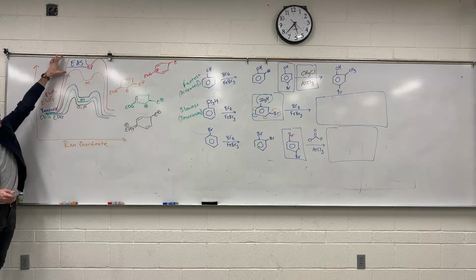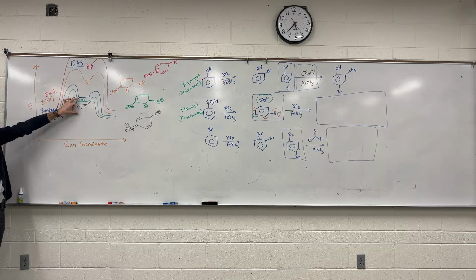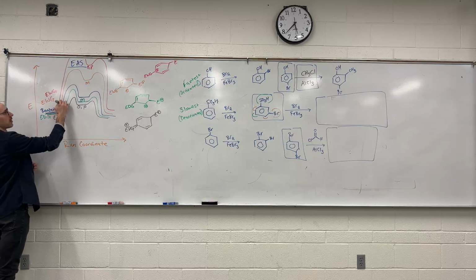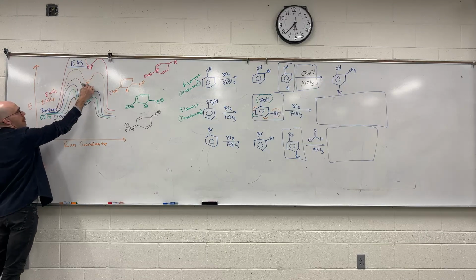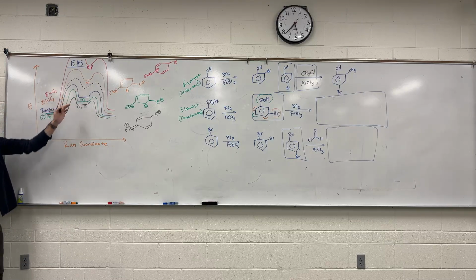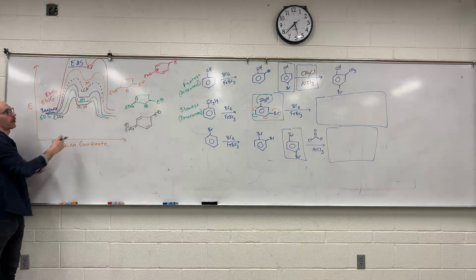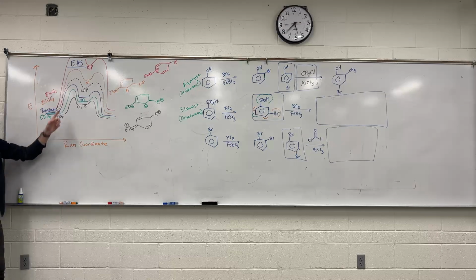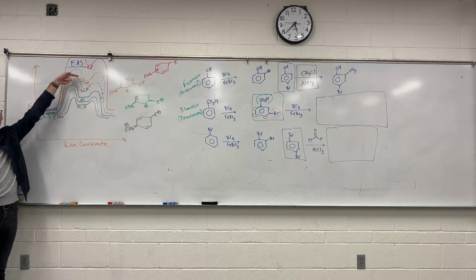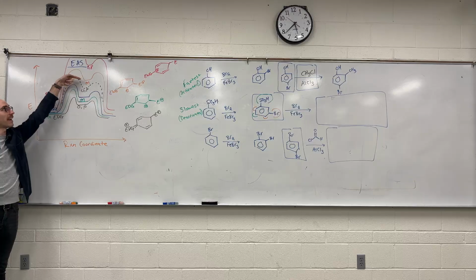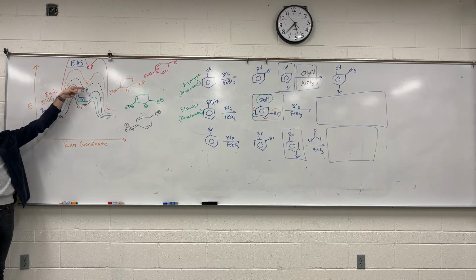I gave you electron withdrawing groups, I gave you electron donating groups, and I told you to think about halogens. So let's actually draw the halogens. Remember, halogens prefer ortho-para placement. If the sulfonyl group directs the new group meta to itself, that will still increase the energy more than if the bromine directs the new group ortho-para to itself.